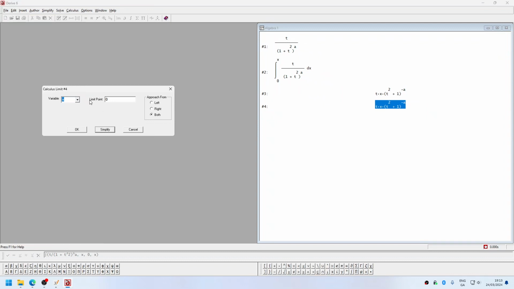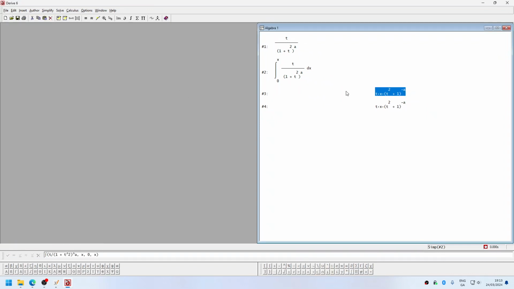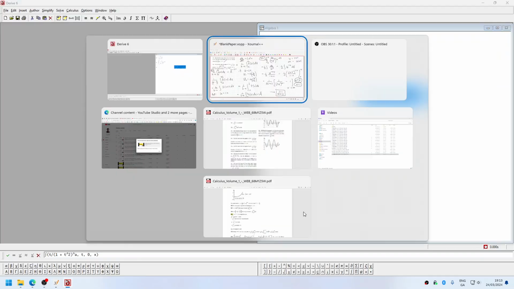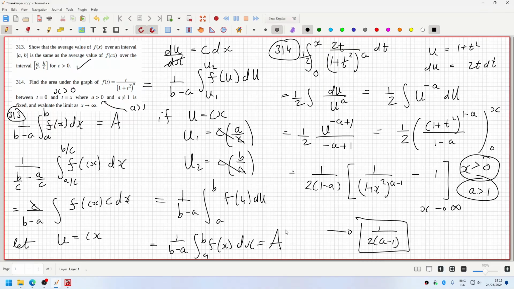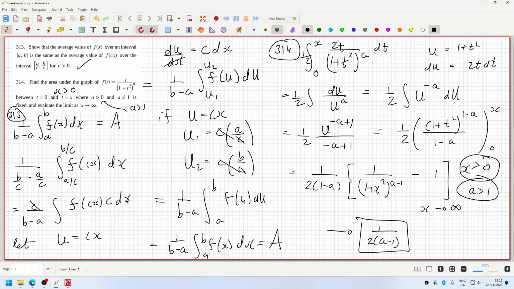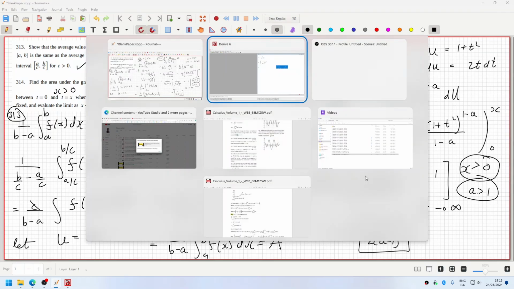Limit. Oh, hang on. Okay. There we go. 1 over 2 (a minus 1), but multiplied by the minus 1 would flip that around. So that looks good. And then 2 over 1 minus a.